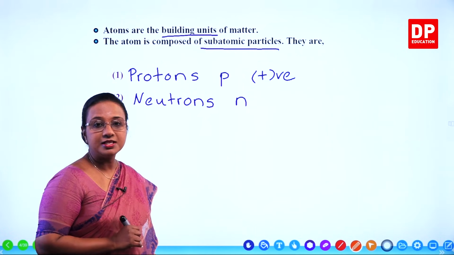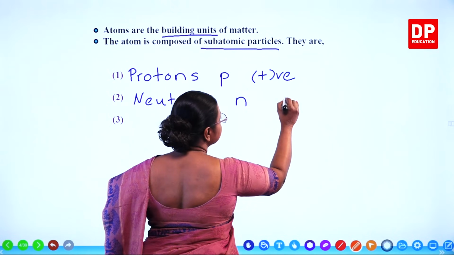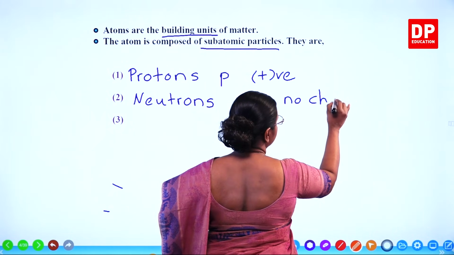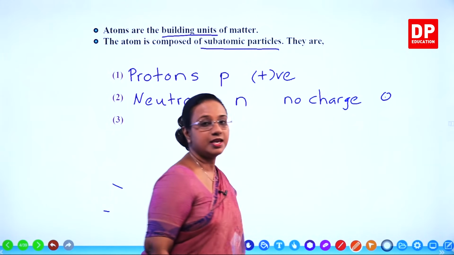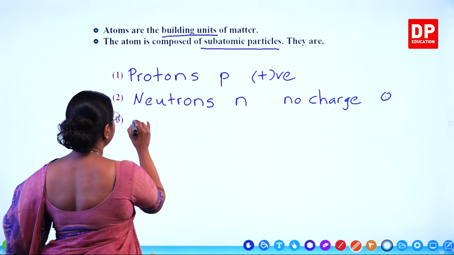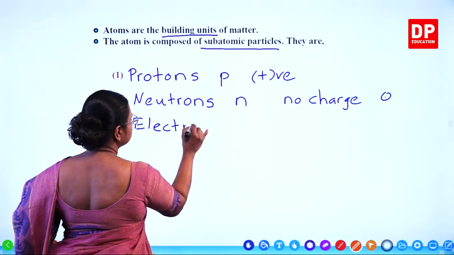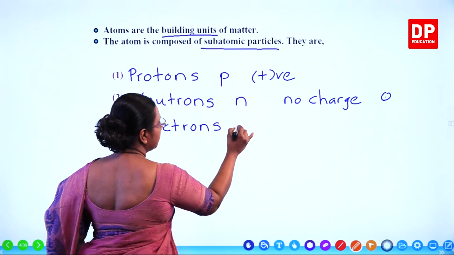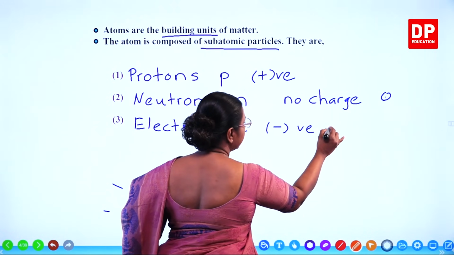Neutrons are given the symbol simple N, and this has no charge or zero charge. You can even take the charge as 0 or say no charge. And the third type is electrons. We use simple E, and this has negative charge.